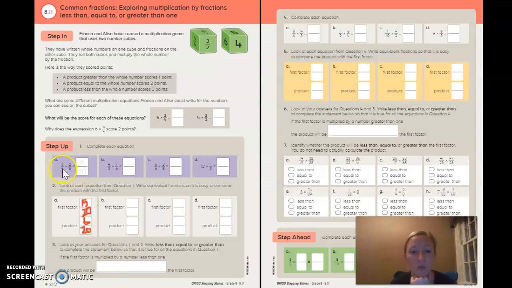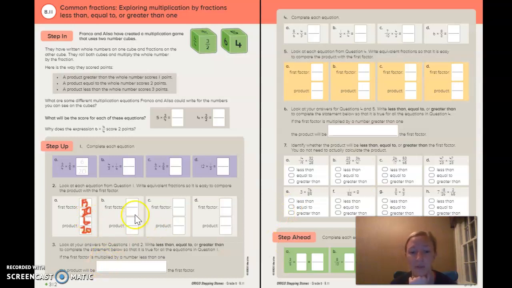So when we took this first factor and multiplied it by a number less than 1, did I get a number that was bigger? Here I have them set up so I can compare. Was 6/20 bigger than 15/20? No, it wasn't. 6/20 is smaller than 15/20.